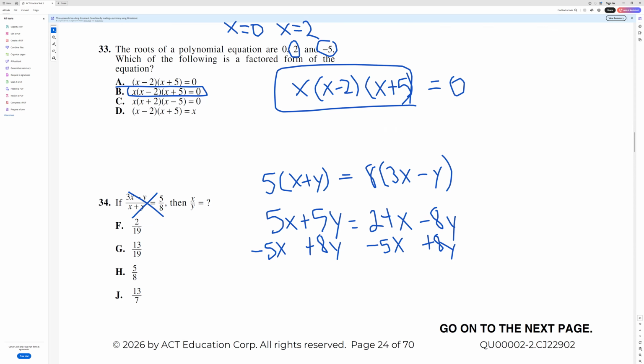All right. Let's divide by negative 5x and by negative 5x. Sorry, 19. 24 minus 5 is 19. What am I doing? That's what I'm doing.